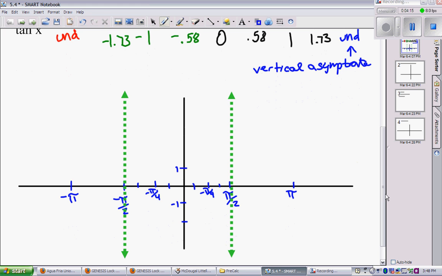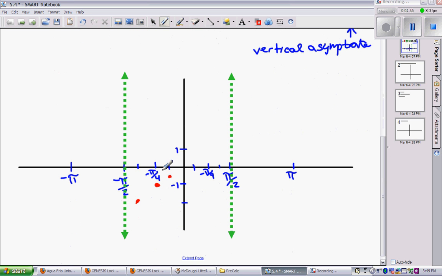negative 1.73. Negative pi over 4, negative 1. Negative pi over 6, negative 0.58. 0, 0. And then they become positive.